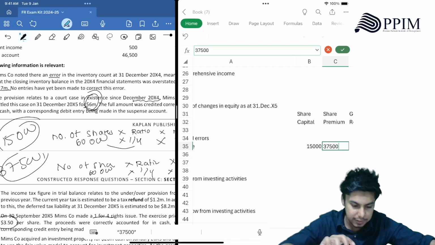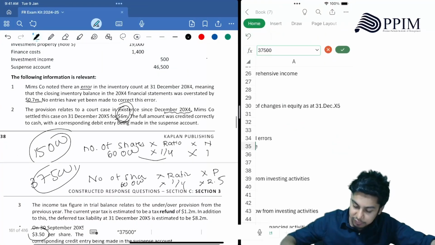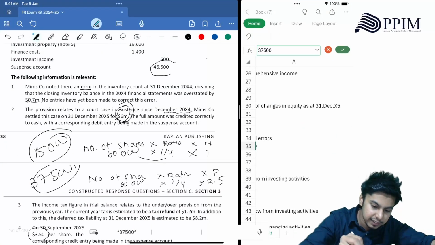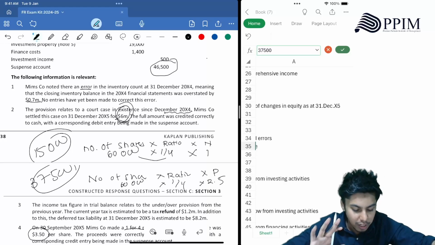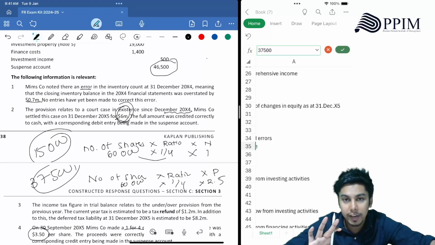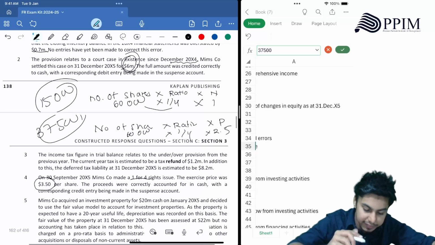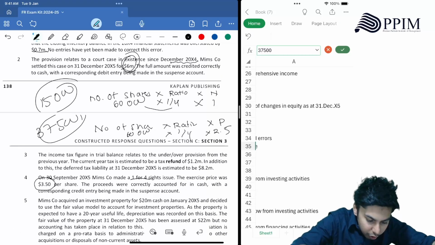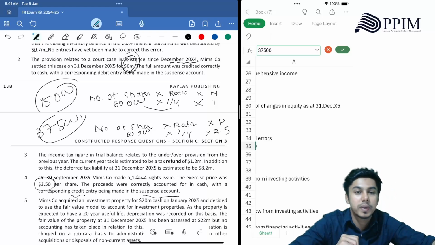Okay, guys, now listen. I'll tell you a small thing. After this paragraph, our suspense account is cleared. You know why I say suspense account is cleared? Now look at this. Here they are telling the corresponding credit entry has been made inside suspense account.